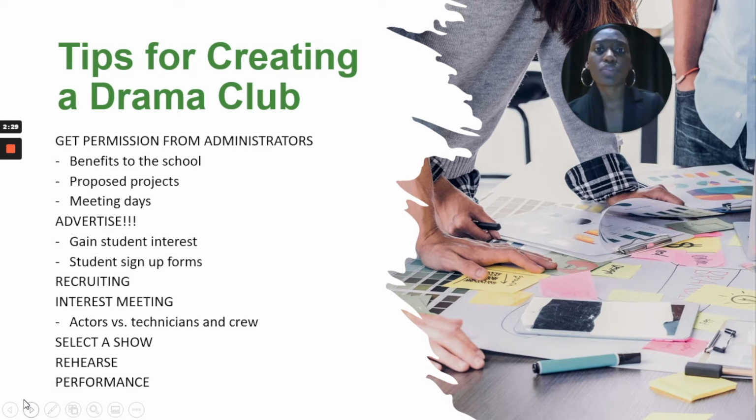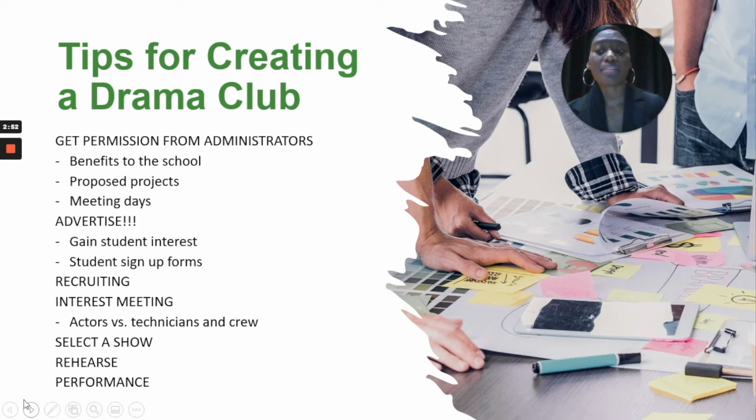So listing those benefits is very, very important. I would first outline certain proposed projects or performances that I would have students do as members of the club, and make sure you know your specific meeting dates. That's just to get the club approved and get permission from the administrators.